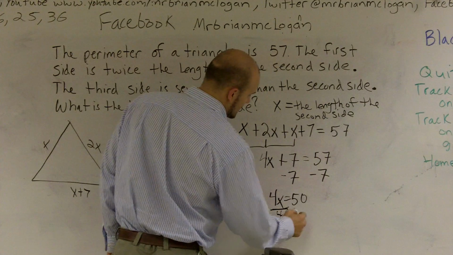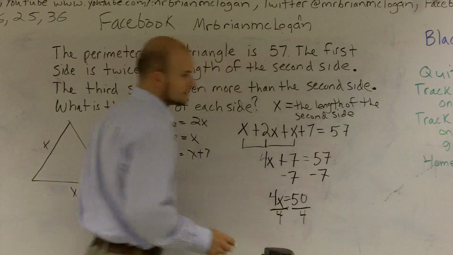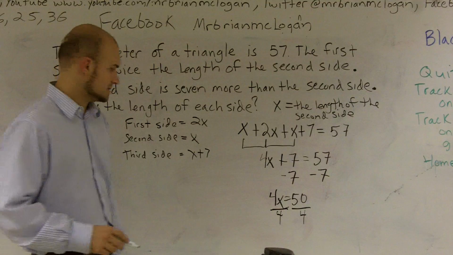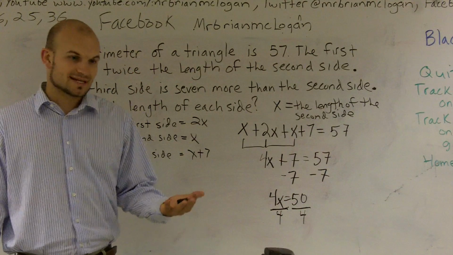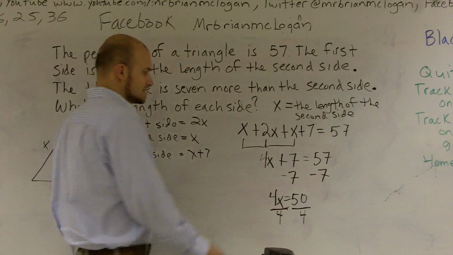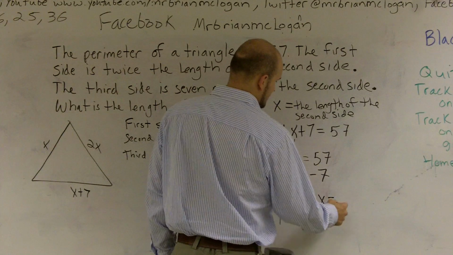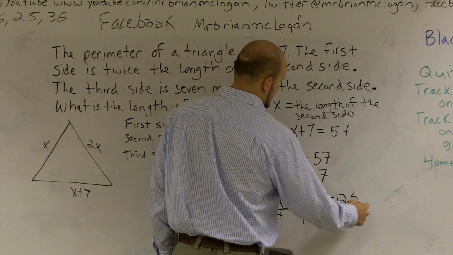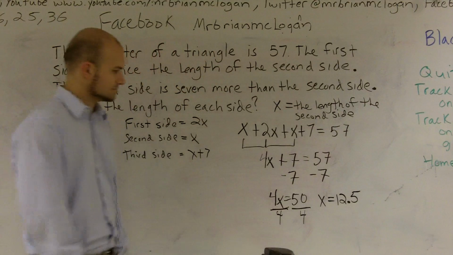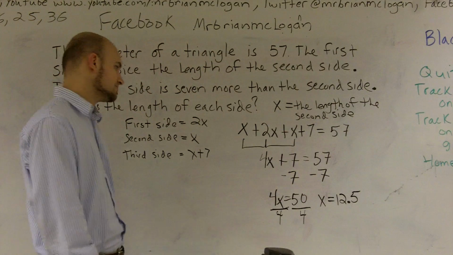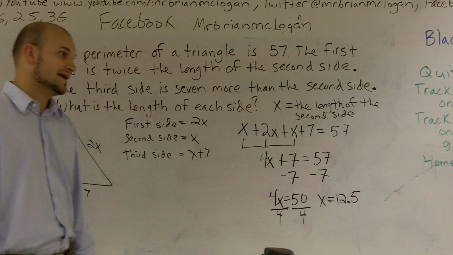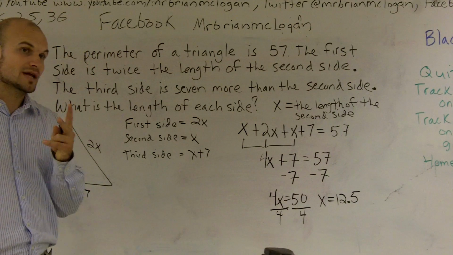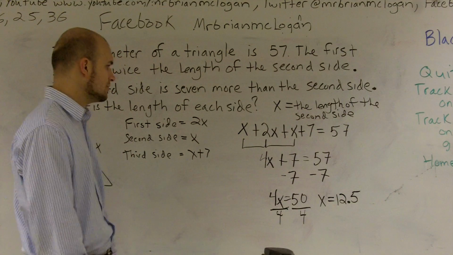Divide by 4. 4 goes into 50 twelve times: 12 times 4 would be 48, and then there's a remainder of 2 left. 2 divided by 4 is 1/2, so it'd be 12.5.